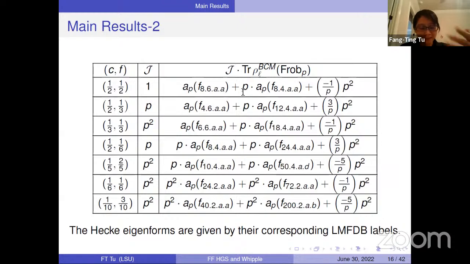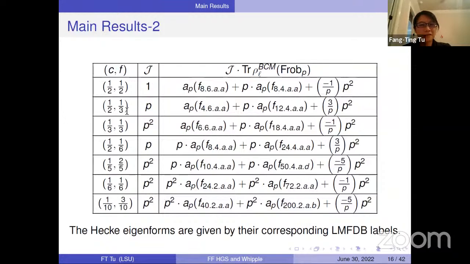So here is the list. The label here is the label from the L-functions and modular forms database. For example, for the C F equal to 1/2 case, the trace of Frobenius of the Galois representation is expressed in terms of a level 8 weight 6 modular form, and also another one, a level 8 weight 4 modular form, plus some p-squared terms.